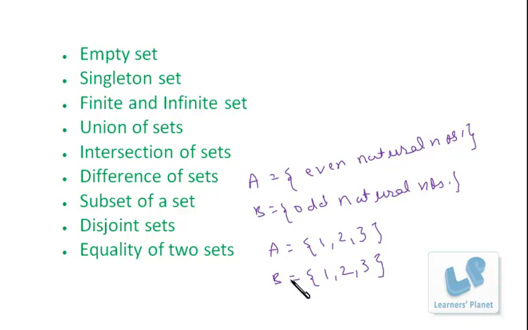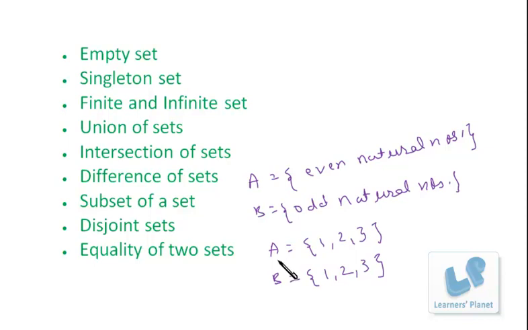That means A is equal to B and B is equal to A, or A is subset of B and B is subset of A, right? Equal sets are subsets of each other. Okay, so these are some basic terms which we discussed so far. While we will be solving the problems, we'll be discussing more such terminologies, right? So let's take some problems.